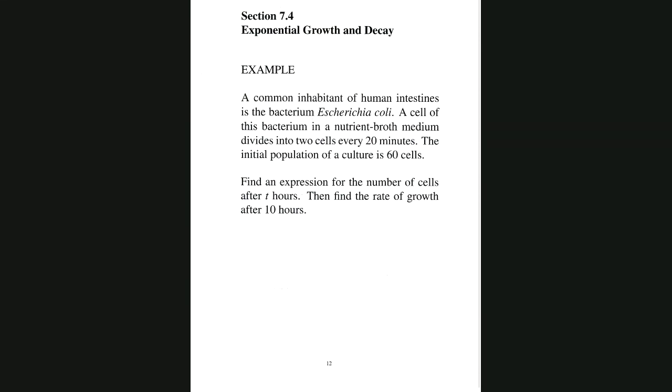If a cell of this bacterium divides into 2 cells every 20 minutes, can we say that the rate of growth is proportional to the size of the population? Would that be based on the information given here?